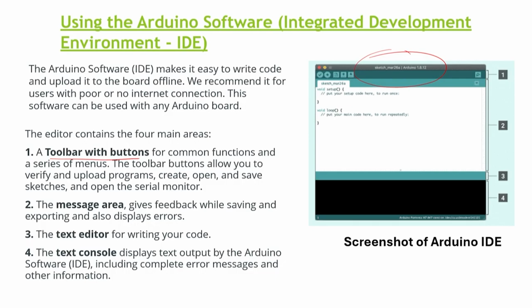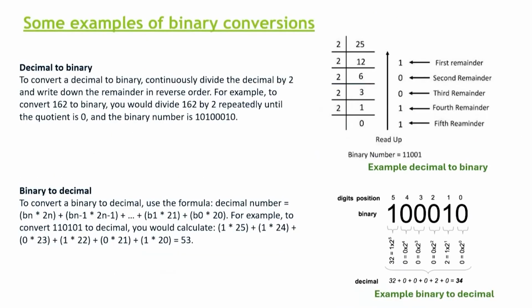Then you have a message area which gives feedback while saving and exporting, and also displays errors. Then you have a text editor, where you write your own code, and a text console that displays the text output by the Arduino software. All these things together constitute the IDE part of the software.